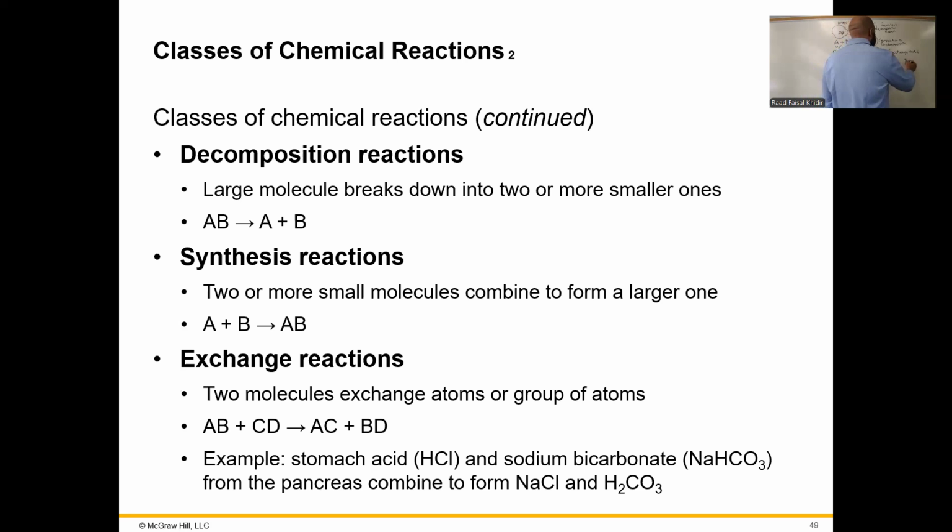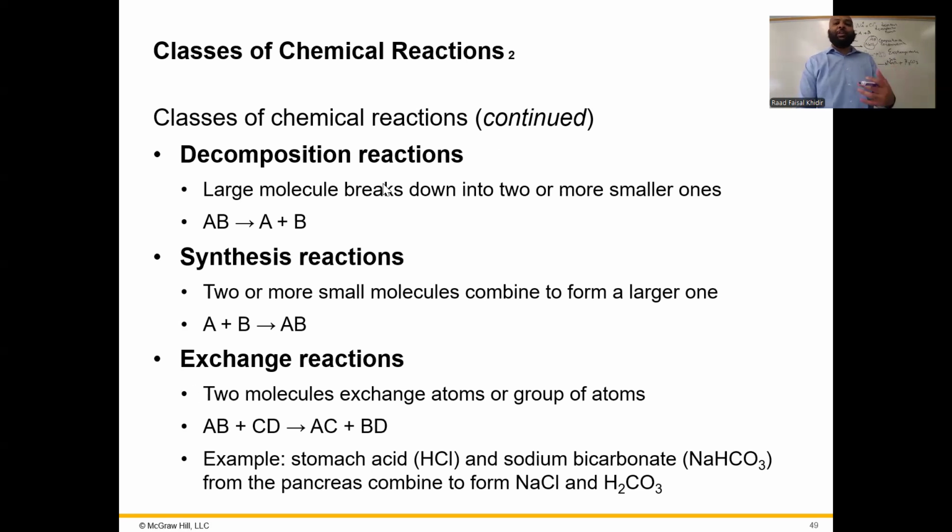So now we will have H2CO3, and then the chloride is going to join the sodium because that's HCl. The chloride is going to join the sodium to give us NaCl. That's a salt. So that shows you we can do replacements.